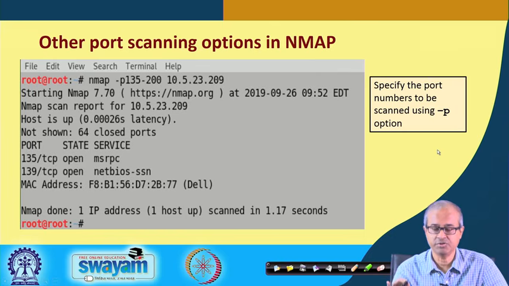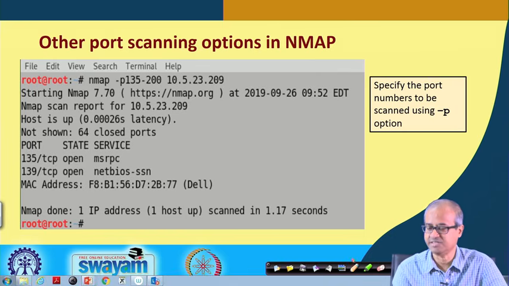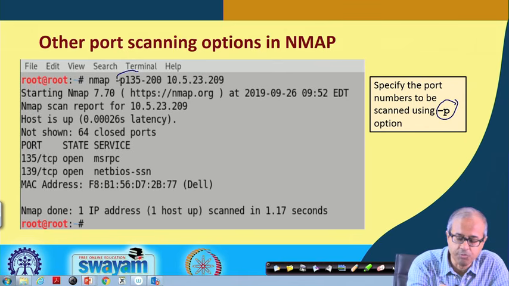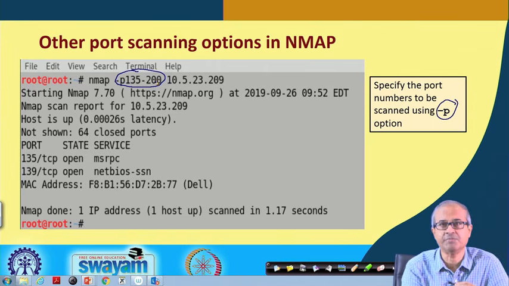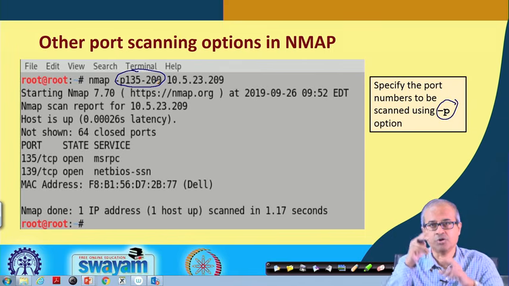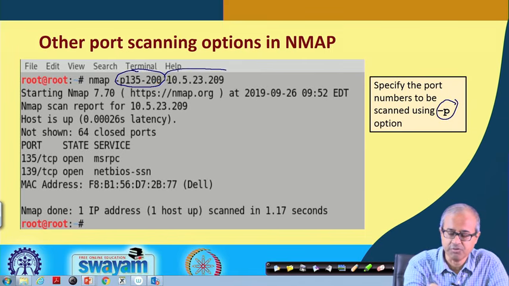So, here actually I am not showing examples for these, but I am showing some other port scanning options. Well, we already saw earlier the -p option to specify some port numbers, and you can also specify a range of port numbers. Like here you see -p 135-200. So, all port numbers in this range will be scanned on this particular host.